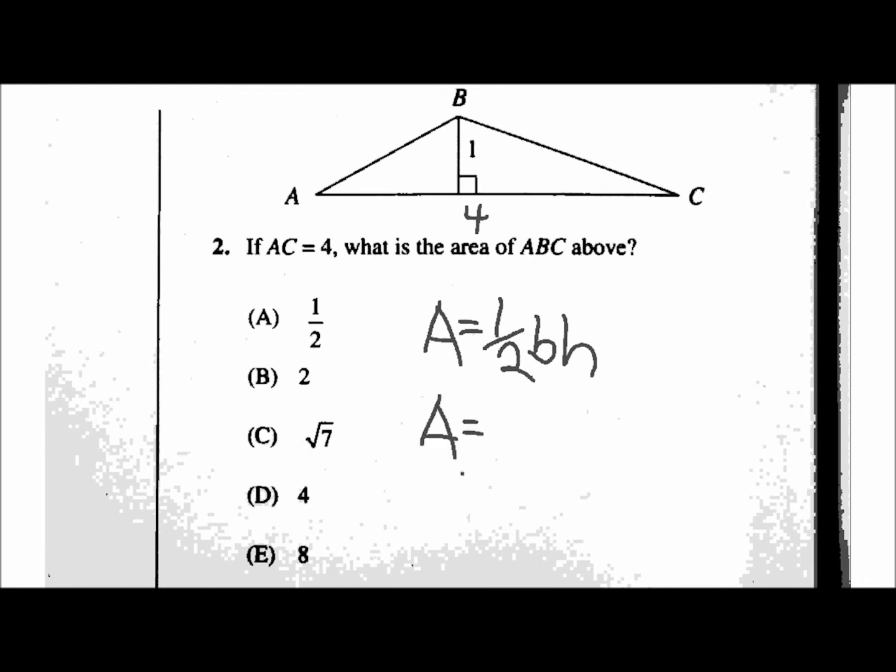Equals 1/2 times 4. And they gave us the height of this triangle too. It's 1. And so 1/2 times 4 times 1 will equal 2. And of course, that's your answer.